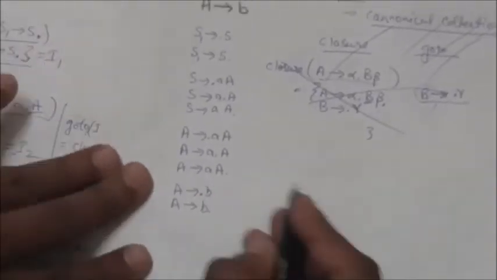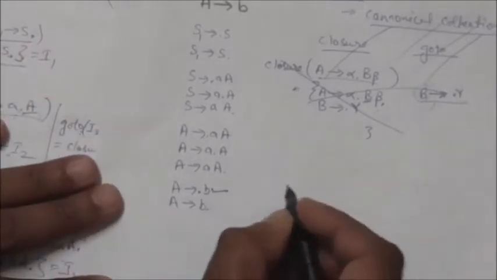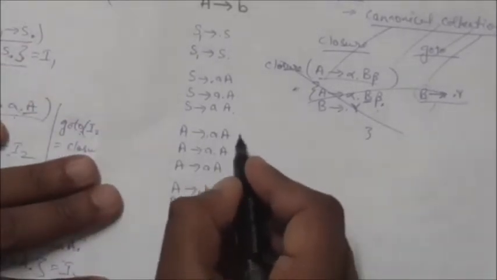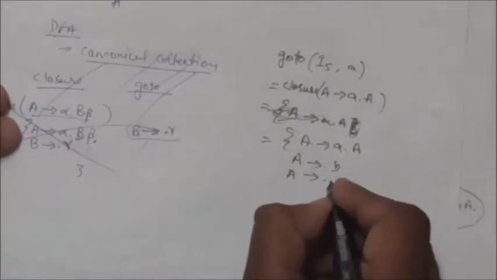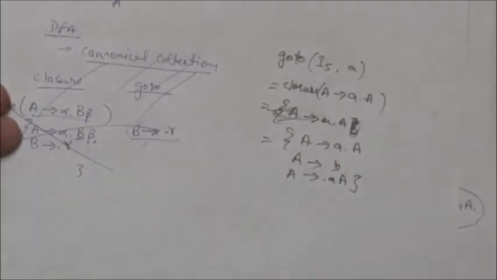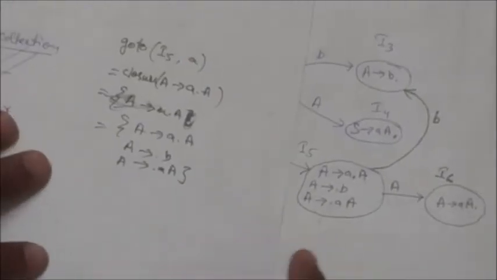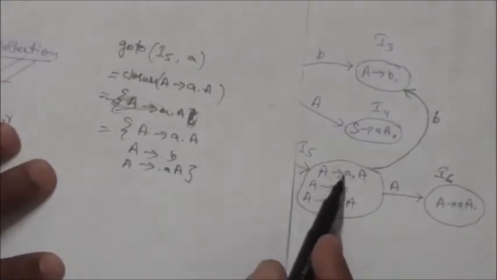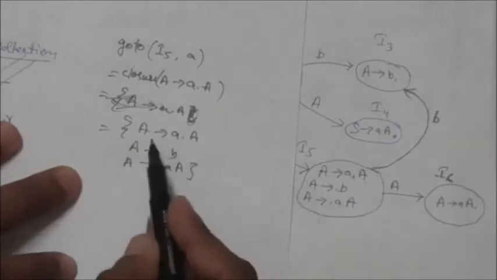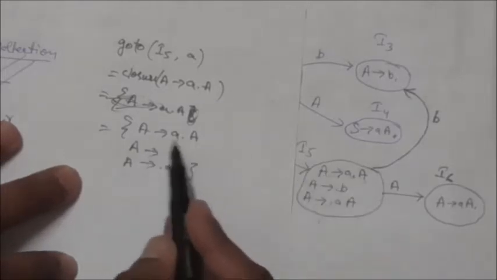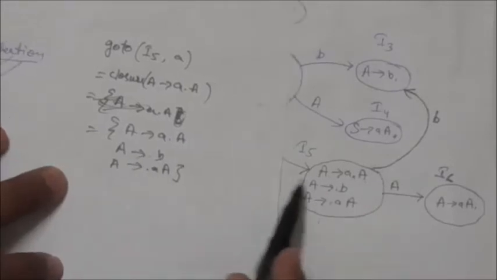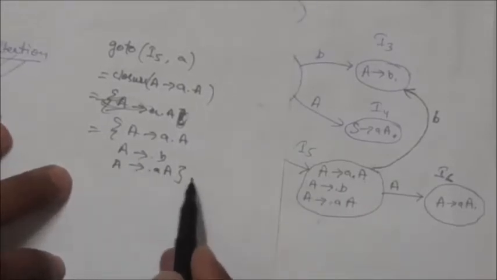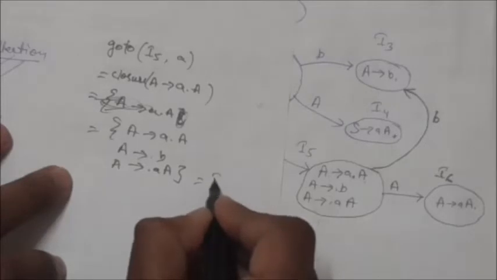So here we will add these two items, A derives dot B and A derives dot A. Now you can see that this is the state I5 itself. State I5 has these same items: A derives A dot A, A derives dot B and A derives dot A.